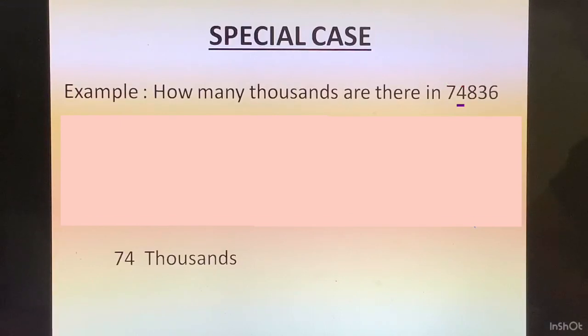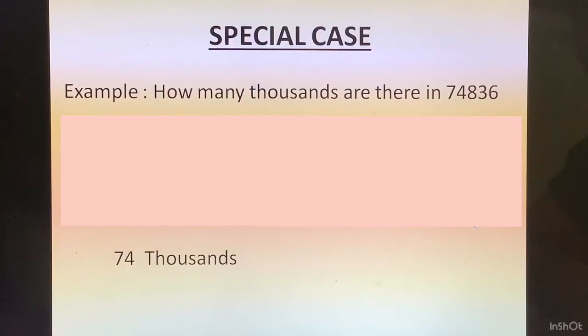That means 74 thousands. If they ask you about how many hundreds are there in this, that means 8 which is at hundreds place and every number on the left of 8, that is 7, 4 and 8 will form your answer. You will have 748 hundreds.